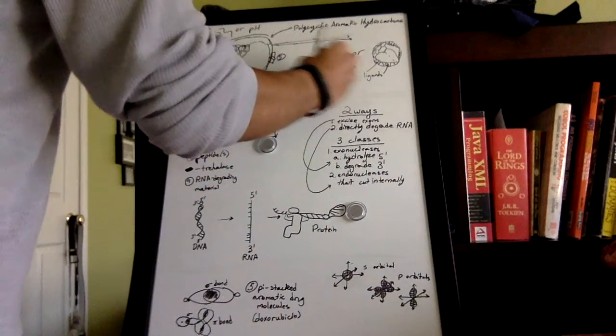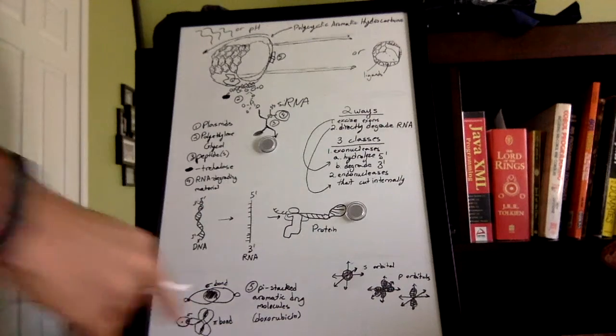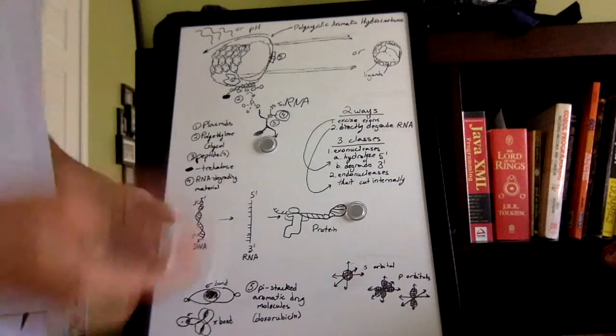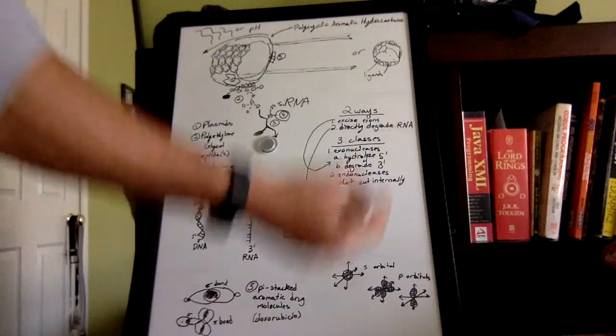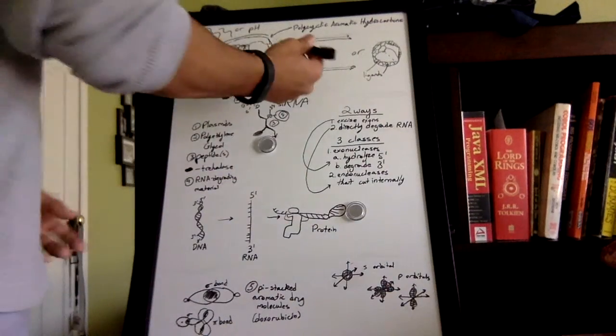Why do we have a pi-stacked aromatic drug in the background? Really, it's for carrying cancer preventing cells. Doxorubicin is a cancer treating molecule which can be carried.